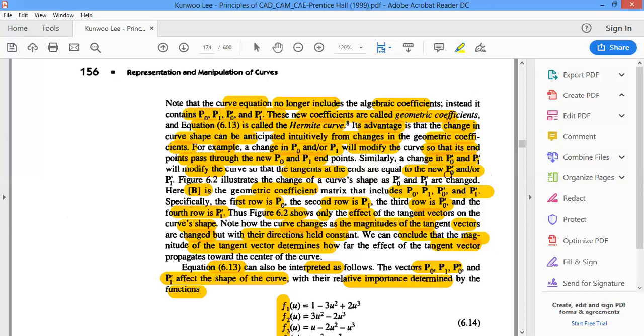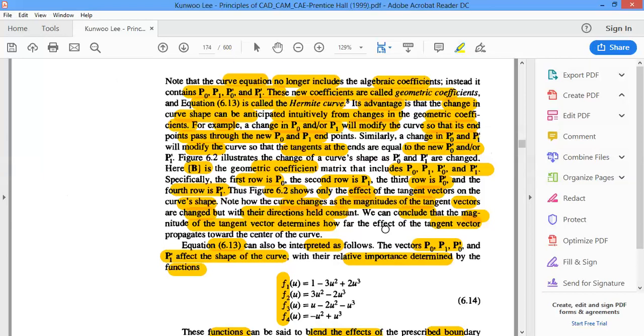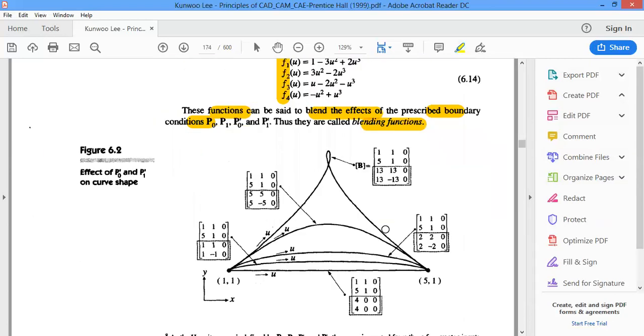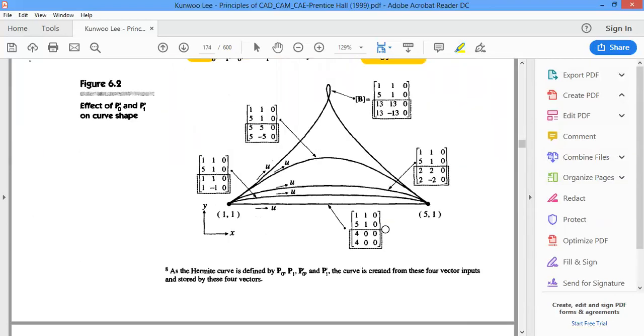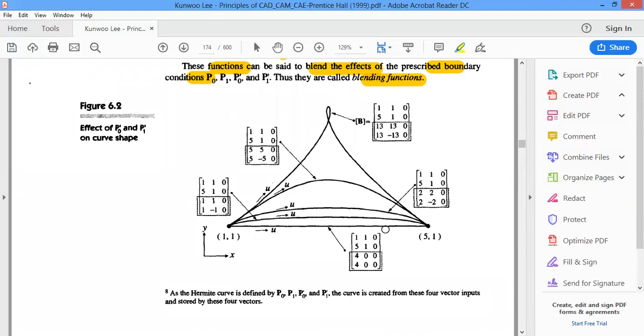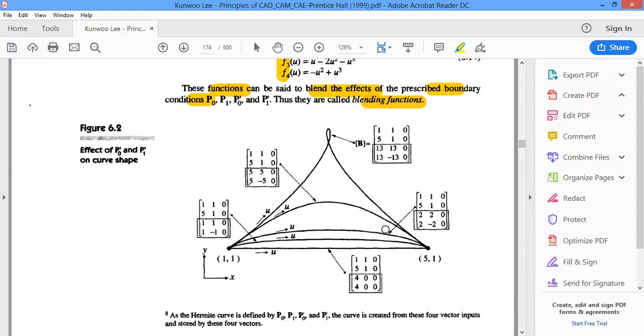So yes, next is that here there is one particular thing where they have gone with writing the equation for, I mean the graph for this Hermite's curve, right?